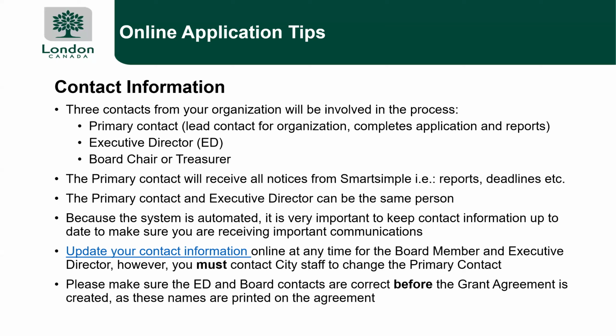The system is automated. It does ask for third-party authentication as well. And we also ask that you continually update any information, especially for a change in a board member that sometimes changes annually. But we will always check in if we are writing a grant agreement to make sure that the right board member is listed in there as well.